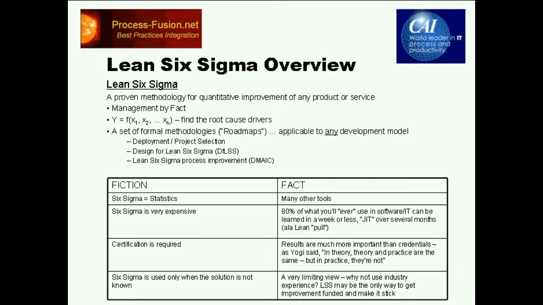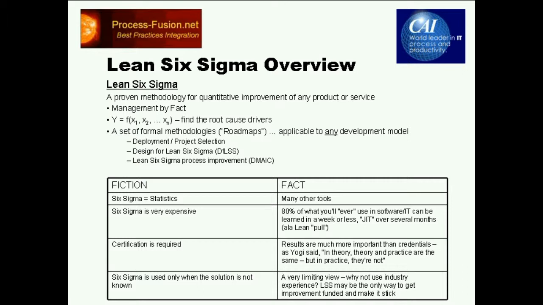Six Sigma is also a set of formal methodologies, sometimes referred to as roadmaps. They are applicable to any kind of a software development model. They're completely neutral as to whether you're doing Agile or Waterfall or Iterative or RUP or whatever you might be doing. These improvement methodologies are applicable to any and all of those different approaches to development.